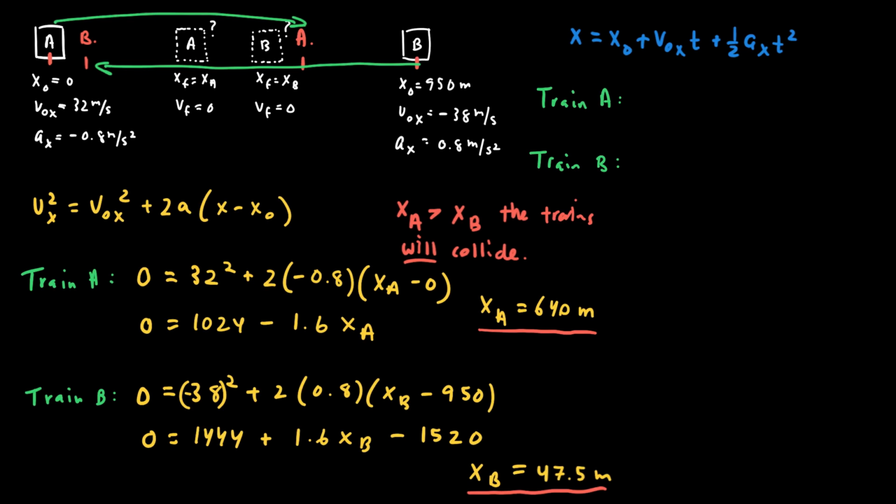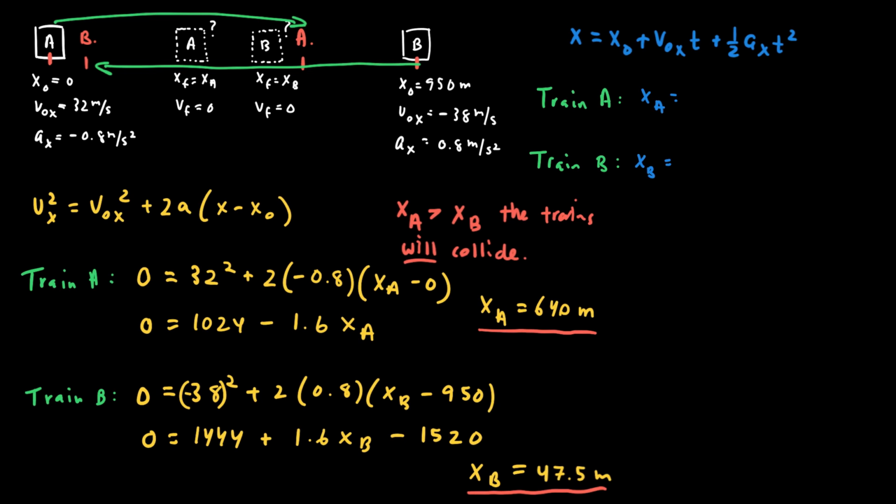And so what that means for me is I can solve this for xa equals and xb equals. And I know now that because there's a collision, when the collision occurs, the two trains will be at the same location, which means that I can set xa equal to xb.